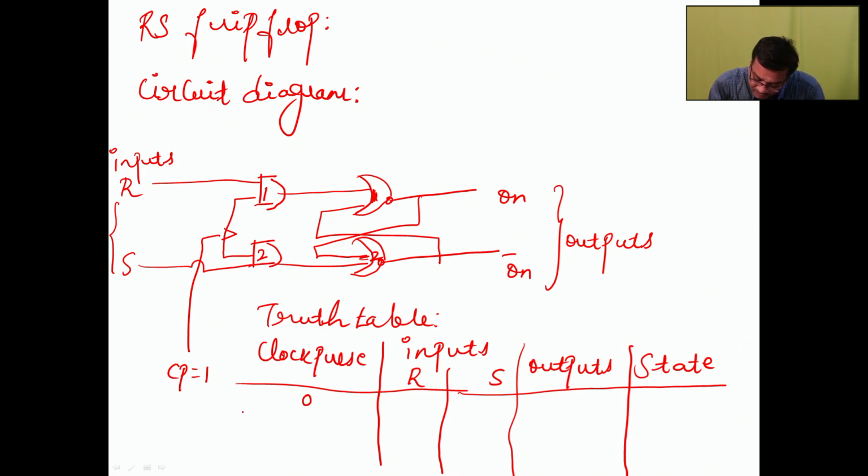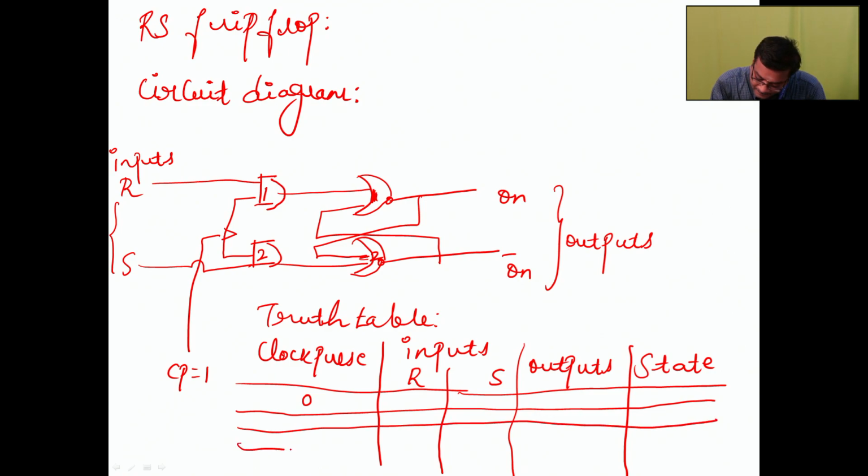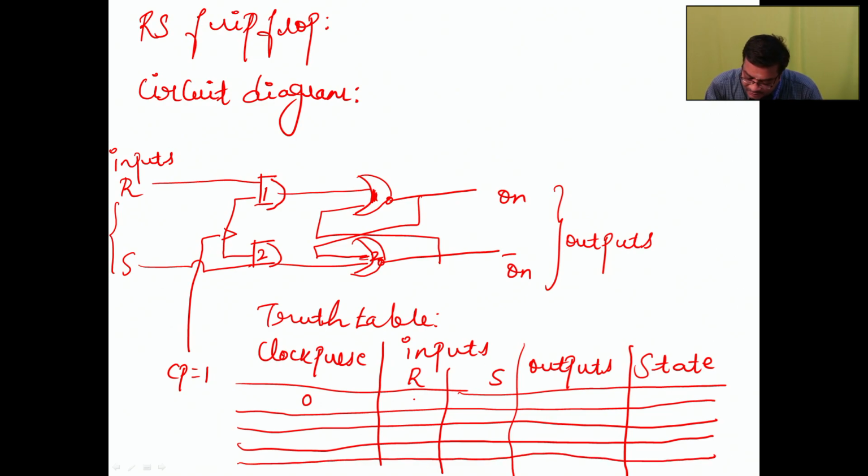When the clock pulse is 0, there is no consideration of R and S, so Qn and Qn bar state: no change. The previous output will be there. Similarly, when the clock pulse is 1 and I am giving 0 0 as an input, we will get the output that is no change.